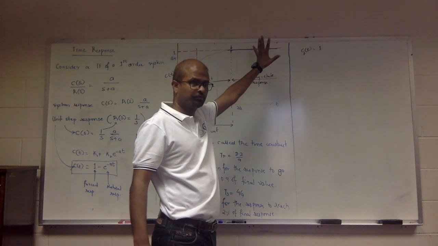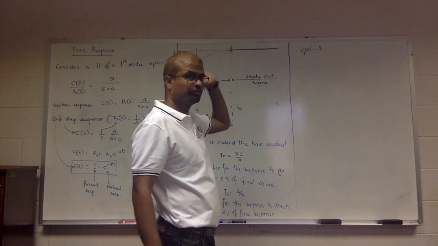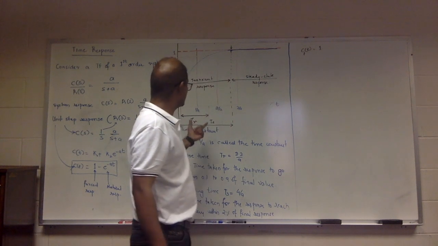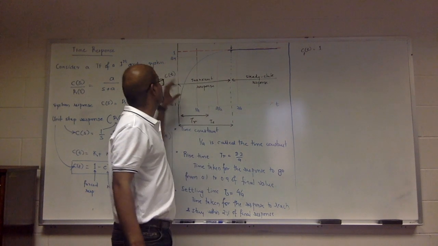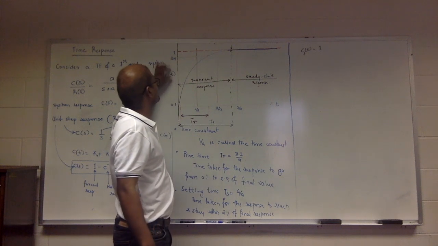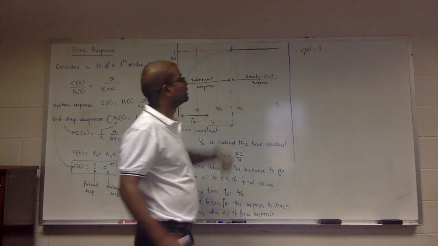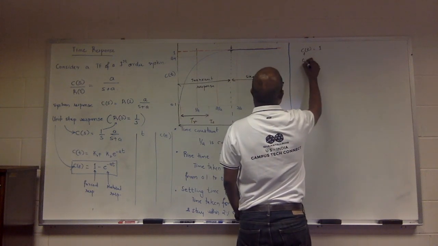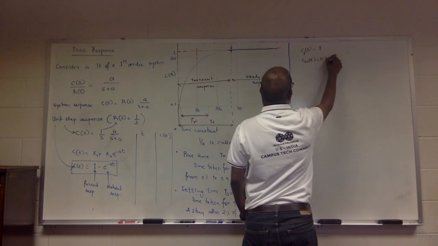You understand? So that's why rise time can never equal 1, because the final time has to be 1. No, this is the time, but this is the response. I'm saying the final response is 1, right? So C of t is 0.1, right?